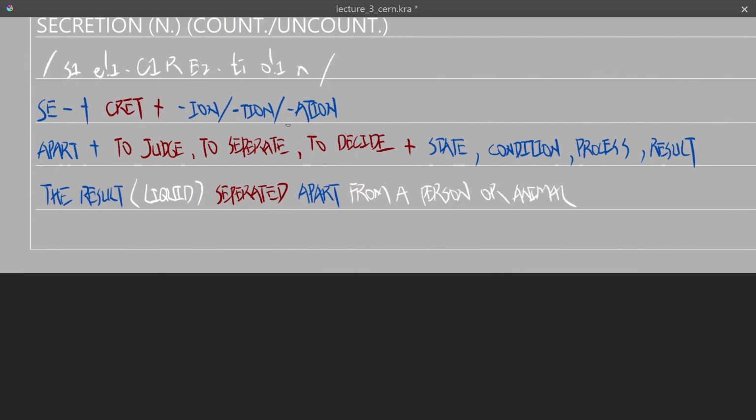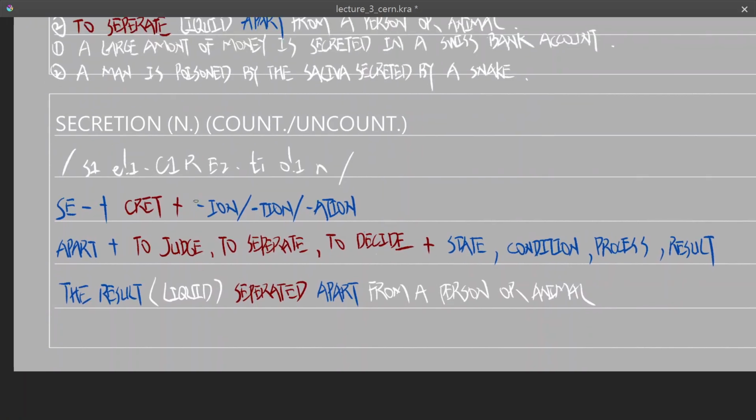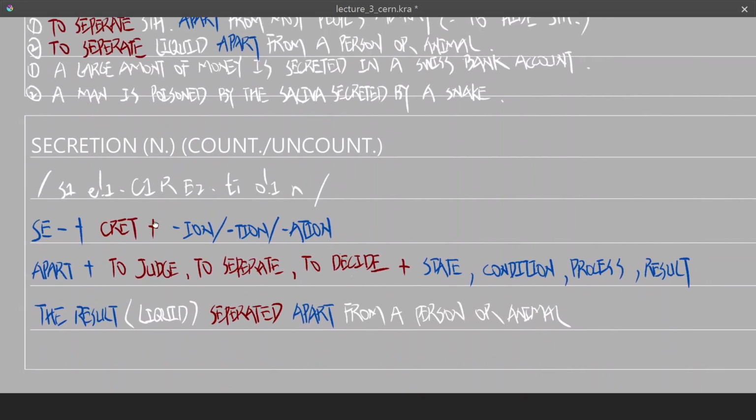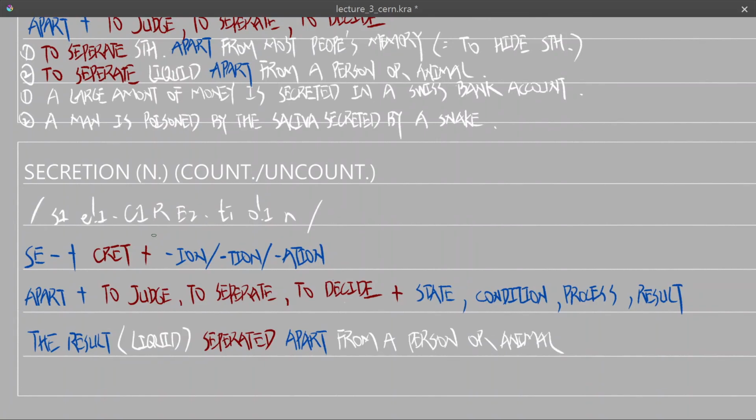Secretion. Okay, that's good enough. Next.